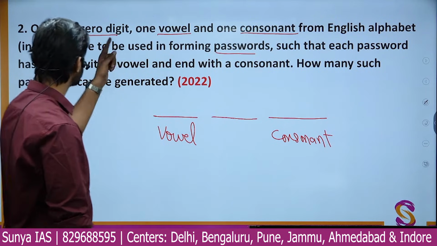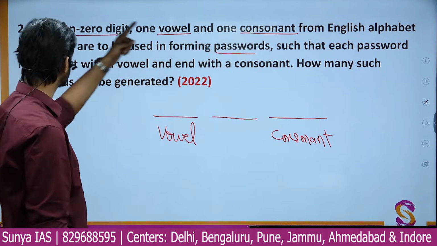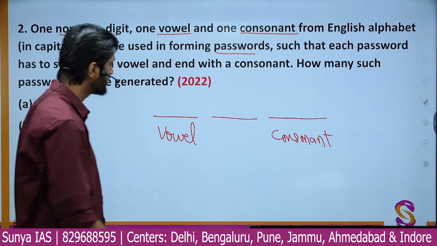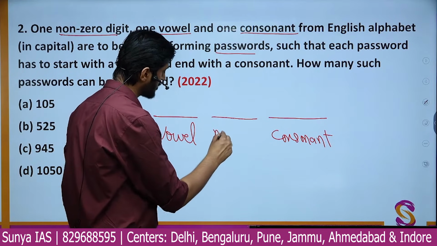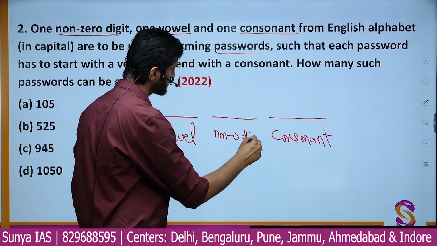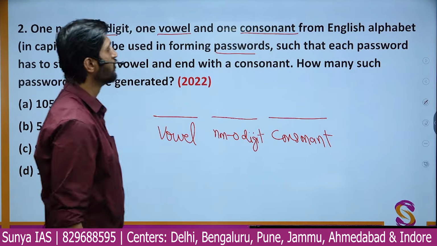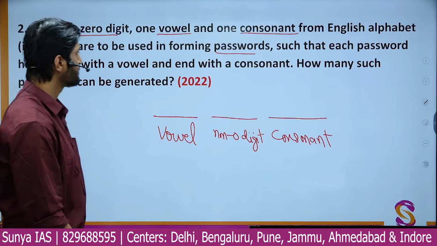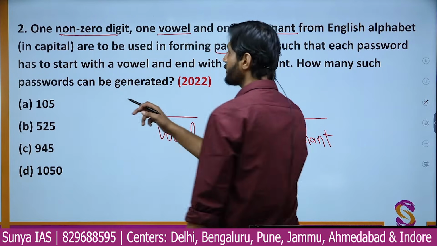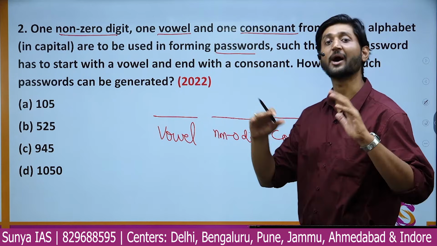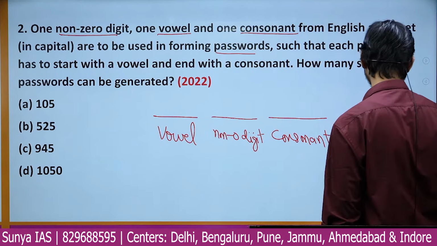Obviously there are vowels and consonants, also there is a non-zero digit. So this place will be occupied by a non-zero digit. Okay, so the password will be of 3 characters. Further it says how many such passwords can be generated. So overall how many passwords can be created in this way.